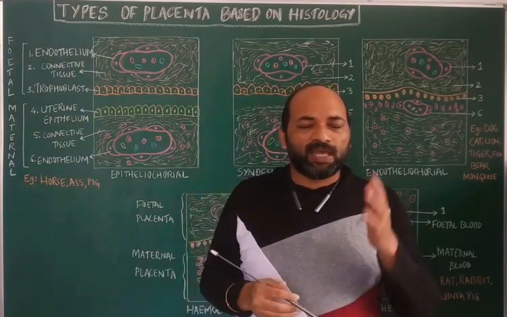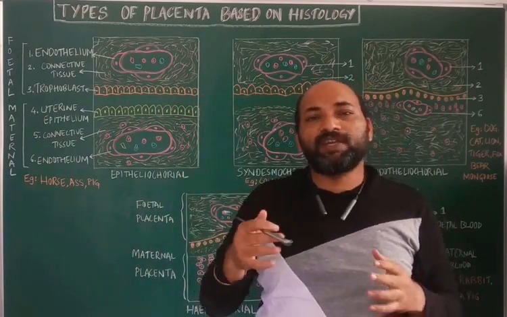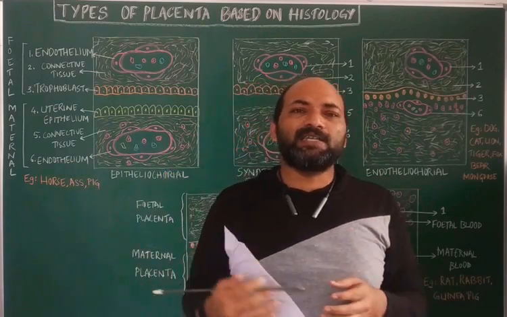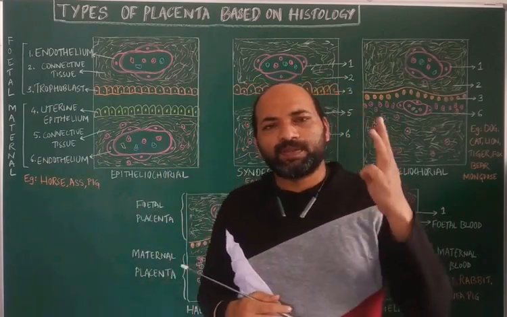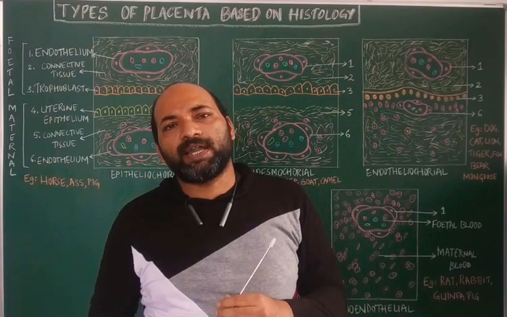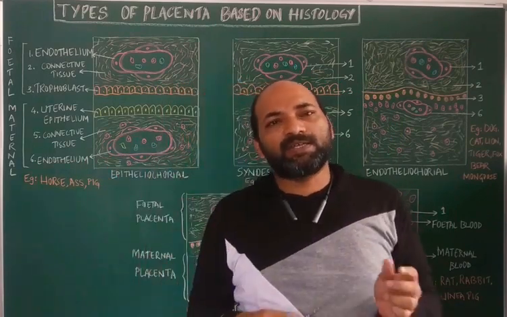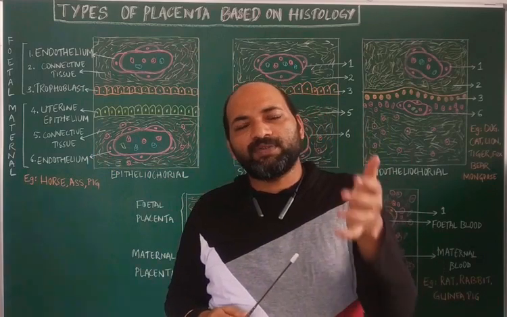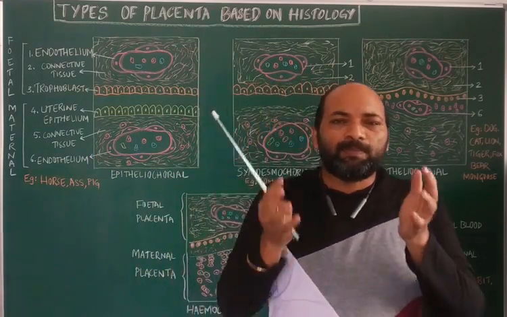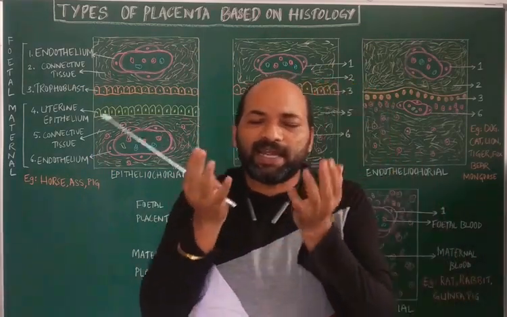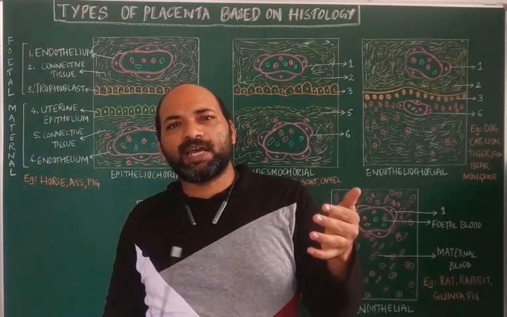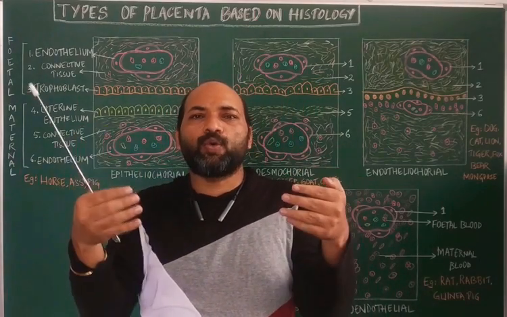For example, based on the nature of the fetal membranes, the placenta is categorized into three types. The first one is called the yolk sac placenta. In the yolk sac placenta, the placenta is derived from the yolk sac as well as the chorion.